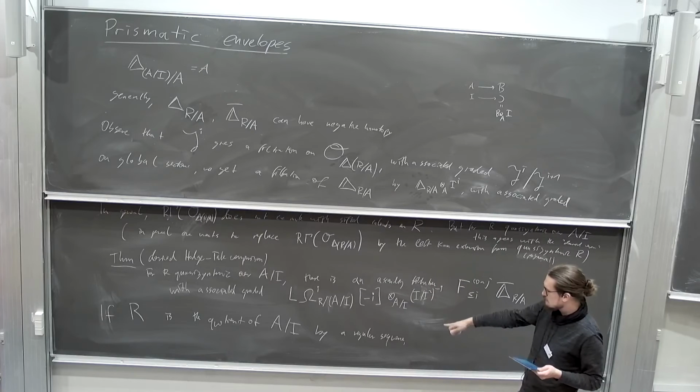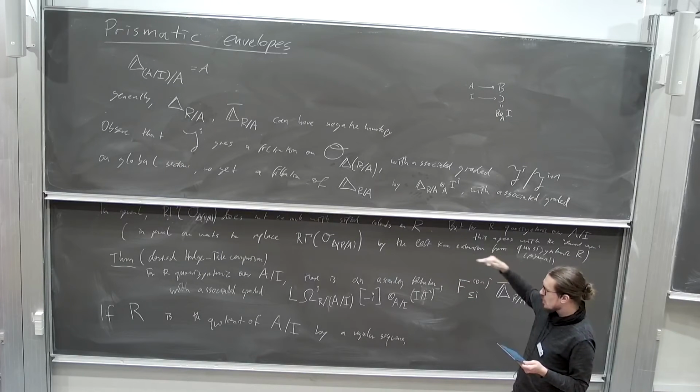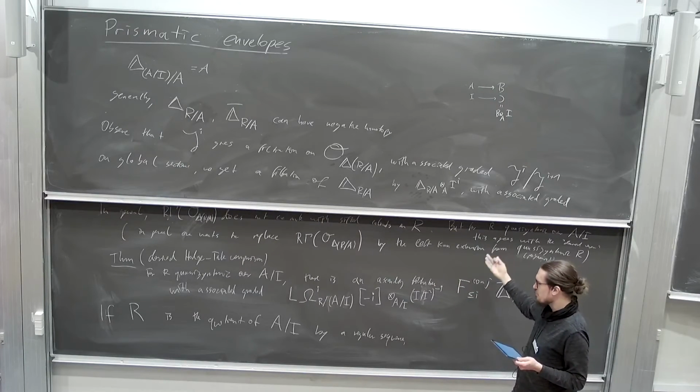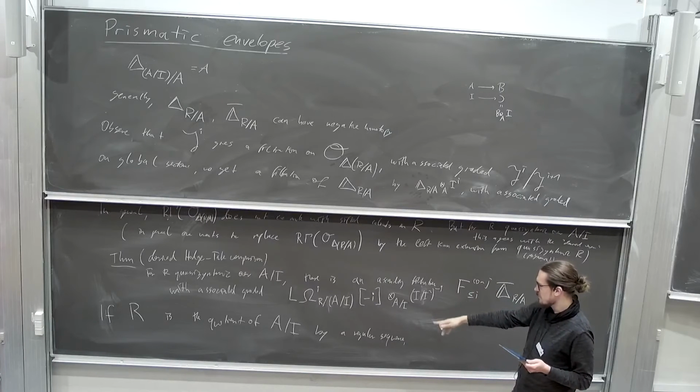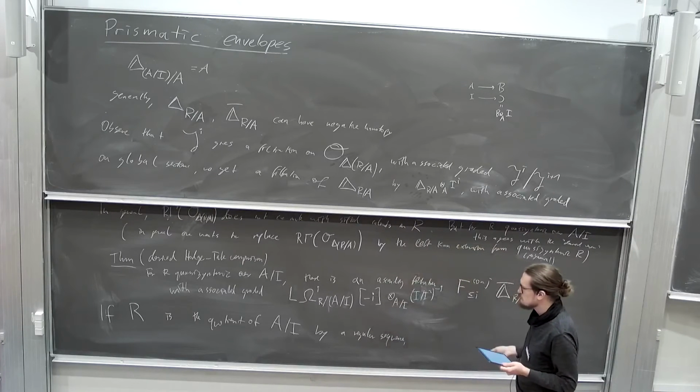In that case, if you quotient a ring by a regular sequence, the cotangent complex will be concentrated in degree 1, and it's basically free on a basis related to the things you divide by.